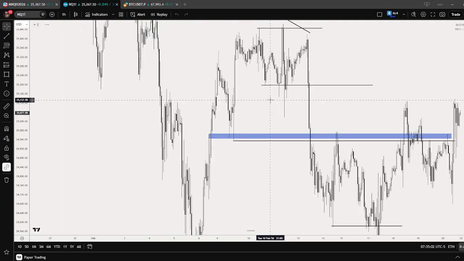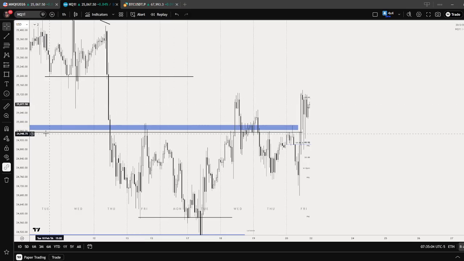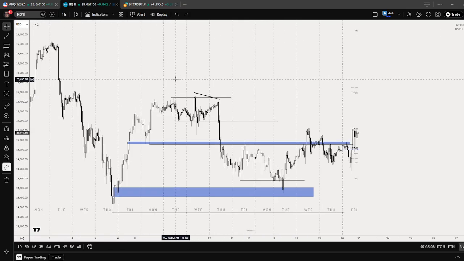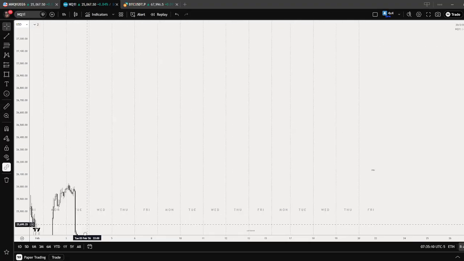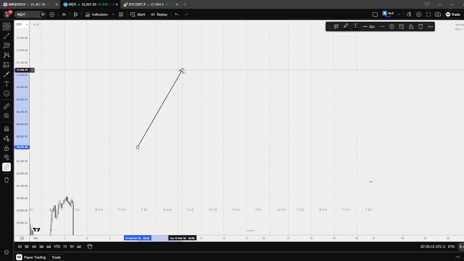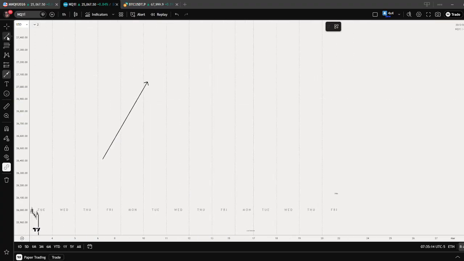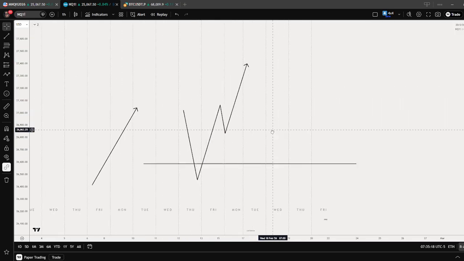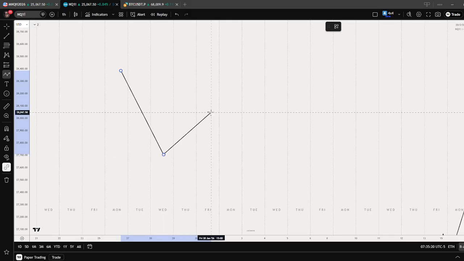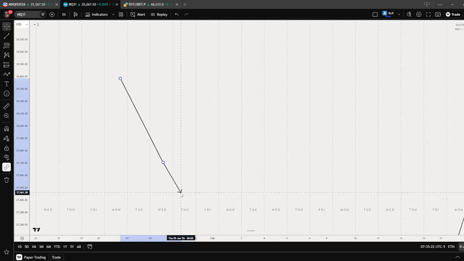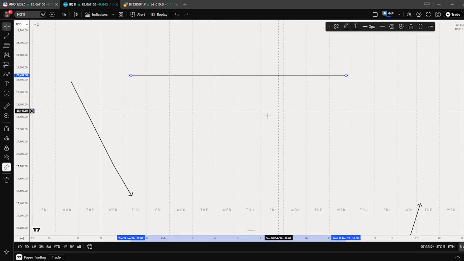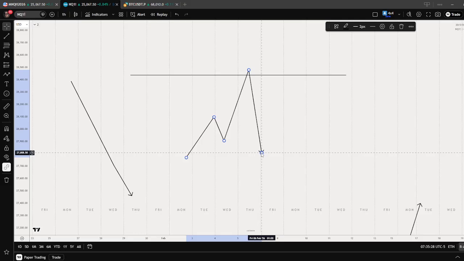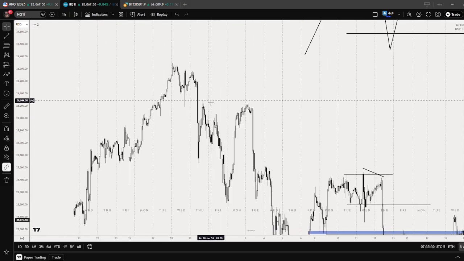So this is how you look for draws on liquidity. If you are bullish, look for a perch on the previous day low and revert to the previous day high. If you are bearish, look for a perch on the previous day high and revert to the previous day low. Okay?